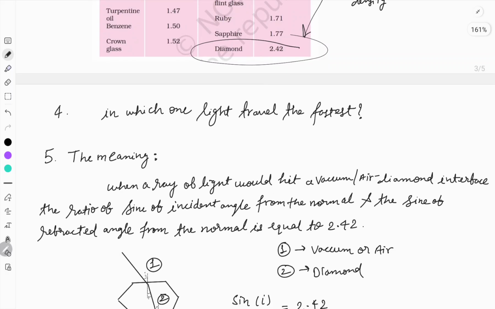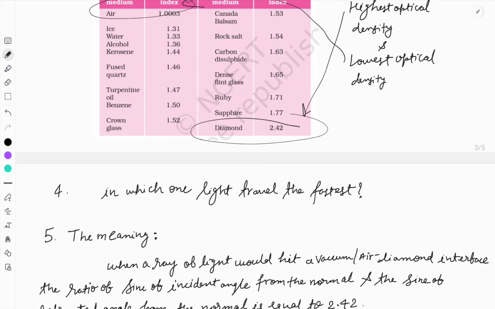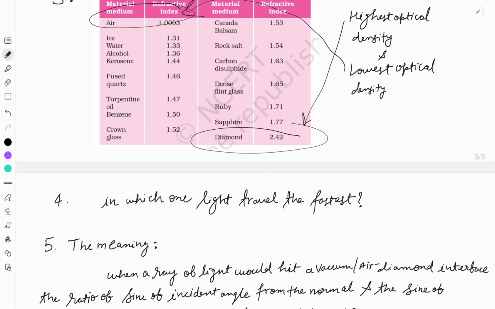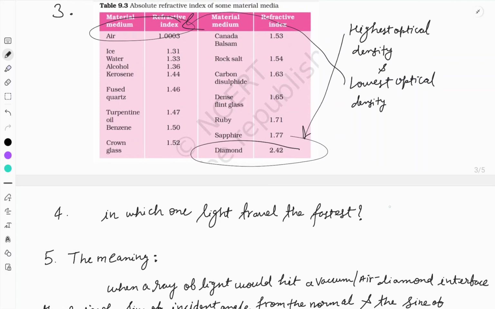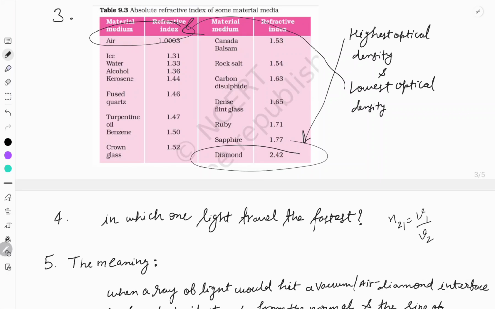Now let's move to the fourth question. In which medium does light travel the fastest? So we know that refractive index is basically v1 by v2. We have defined it, right? If the first material is vacuum, we can just say it is n2, and the second material is the material in which we want to find the speed of light.